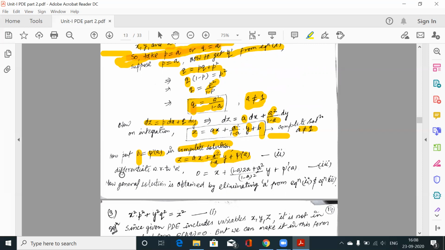Now differentiate with respect to a, so we are getting the differentiation like this. I hope you can differentiate it with respect to a. z is 0, the differentiation of this term with respect to a is x, because we are differentiating with respect to a. So this is 1.